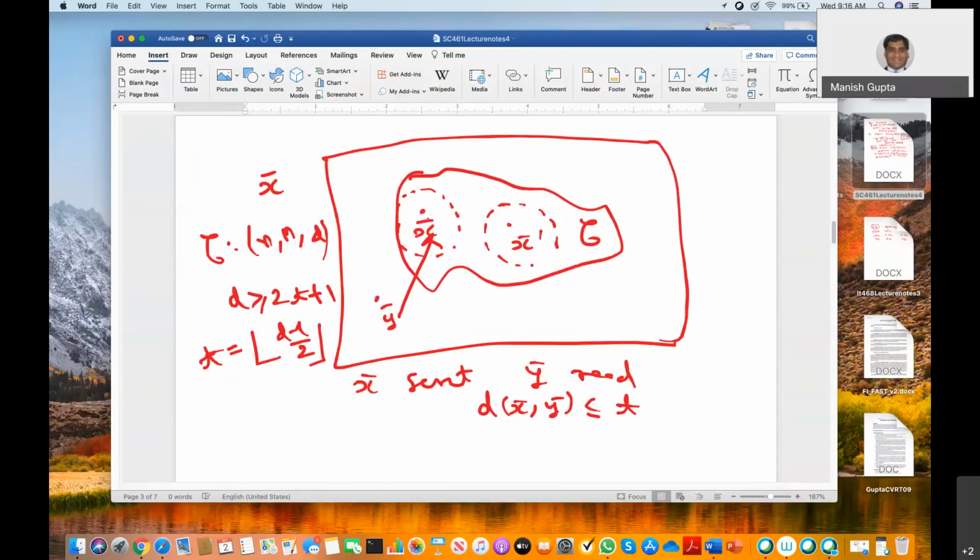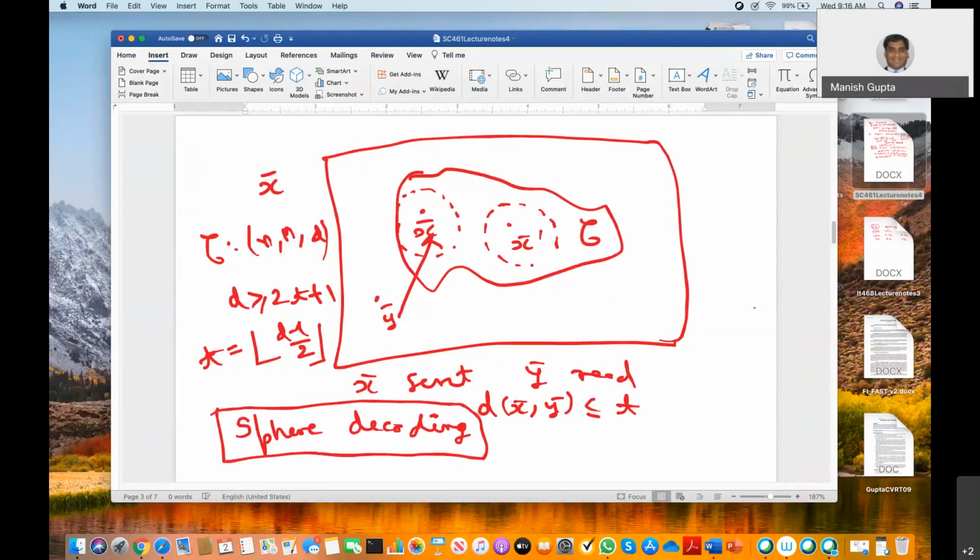This decoding technique is known as sphere decoding. So what we do in order to decode: take a code C. For each code word in C, draw the spheres of radius t, where t is at most the integer part of (d minus 1) by 2.